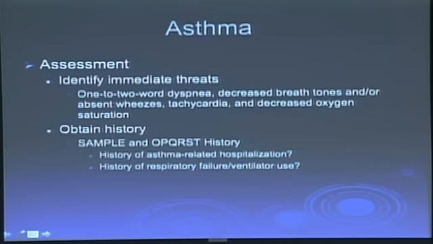So it's about 50%. If they have a history of being on a respirator or ventilator for asthma, consider any attack as a significant attack, because if you've been on a ventilator once, you're going to be on a ventilator again.